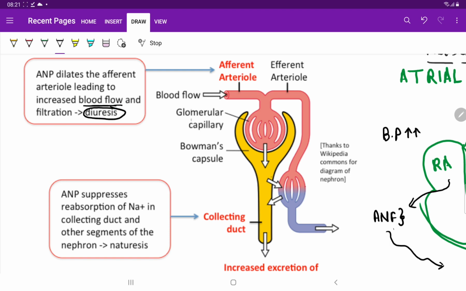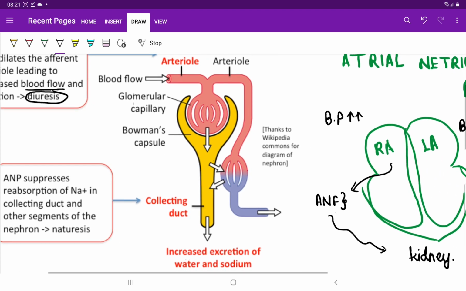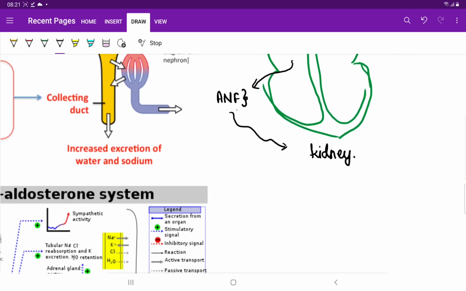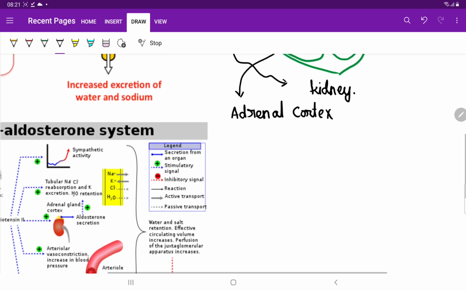So when our body loses some sort of water, obviously BP will decrease. Then their next function is what? They act on our adrenal gland, and from the adrenal cortex, they decrease secretion of aldosterone.